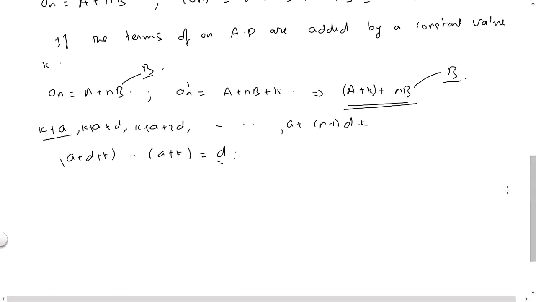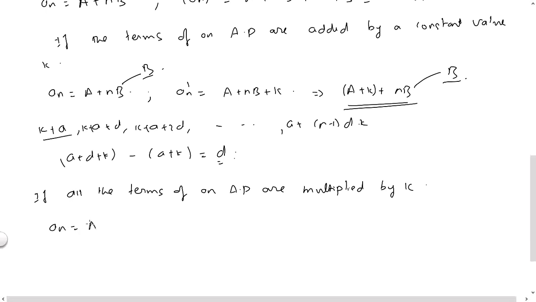So let us see just one more example. If all the terms of an arithmetic progression are multiplied by k, then what will happen to the resulting arithmetic progression? So the given arithmetic progression, we will take the nth term of that to be a plus n into b.